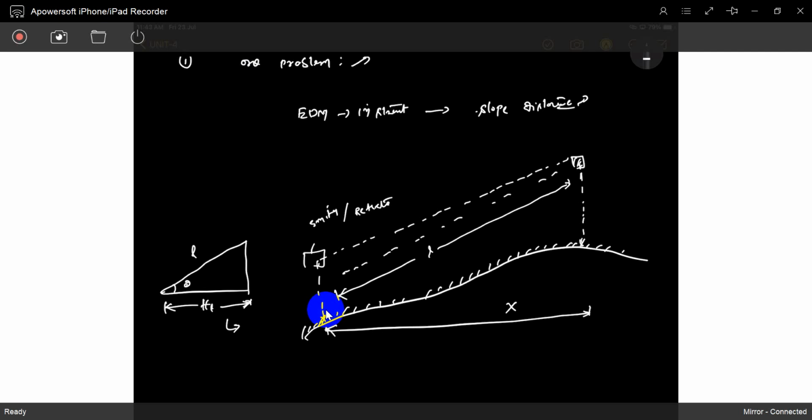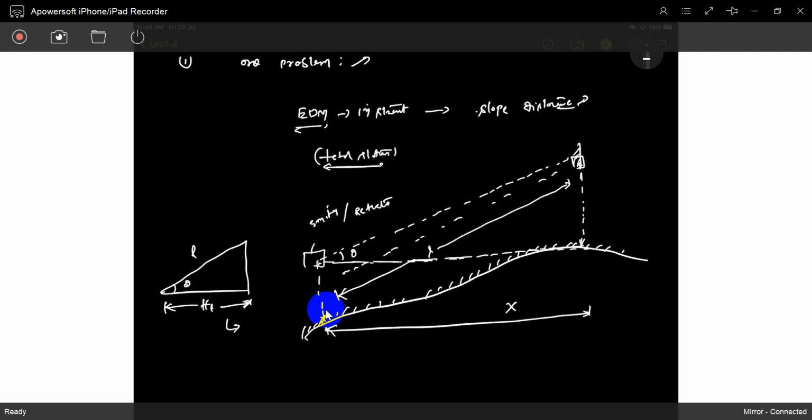So we already know the EDM instruments are inside the total station. With respect to the total station, you will get the vertical angles and horizontal angles. If you set the total station and level it, it will give a straight vision.